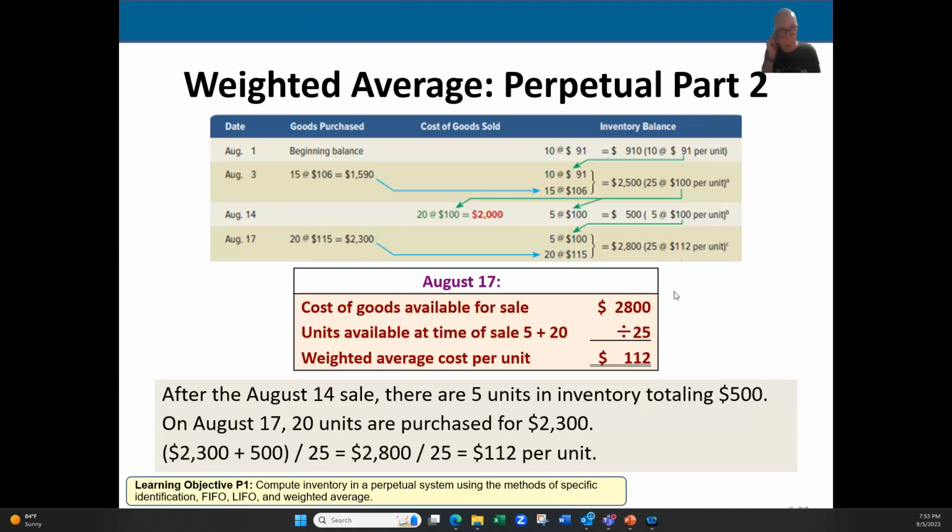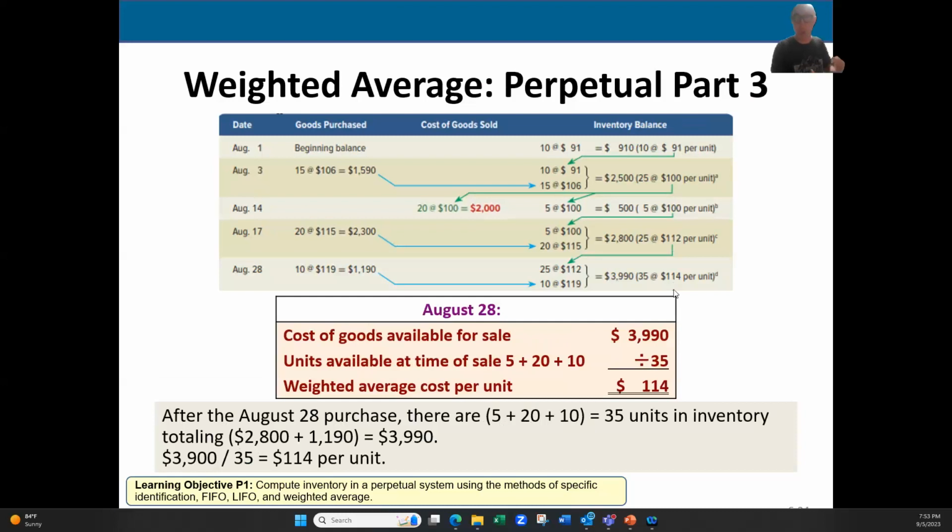So the best way to think about the weighted average is it's a rolling average. August 28th, we made more purchases, right? Cost of goods available for sale, 3,990 divided by 35 bicycles at that time available for sale gives us a new weighted average on August 28th of 114 per bike.